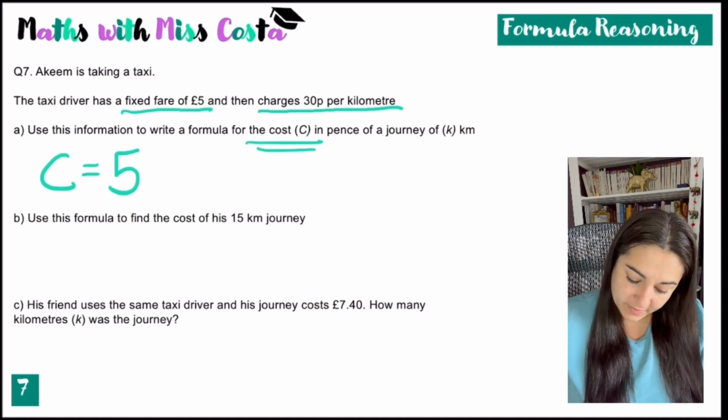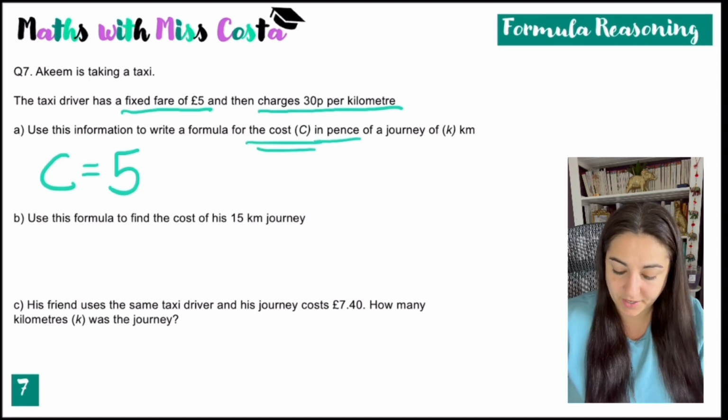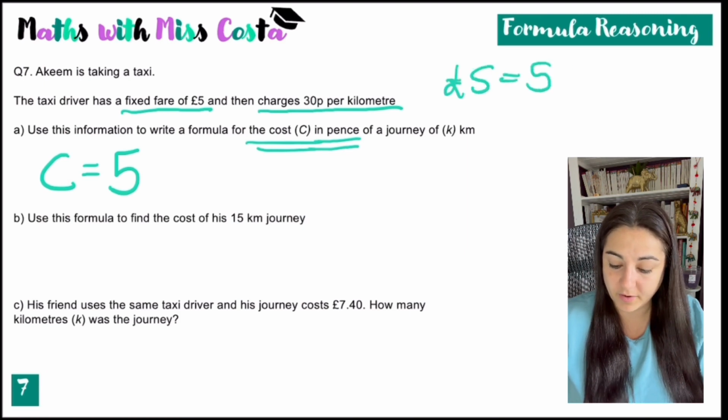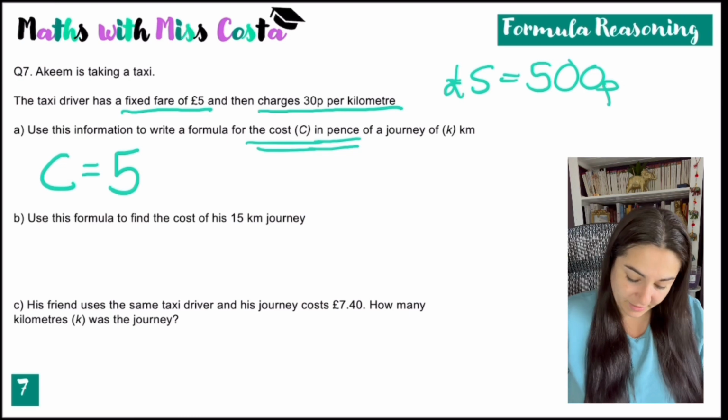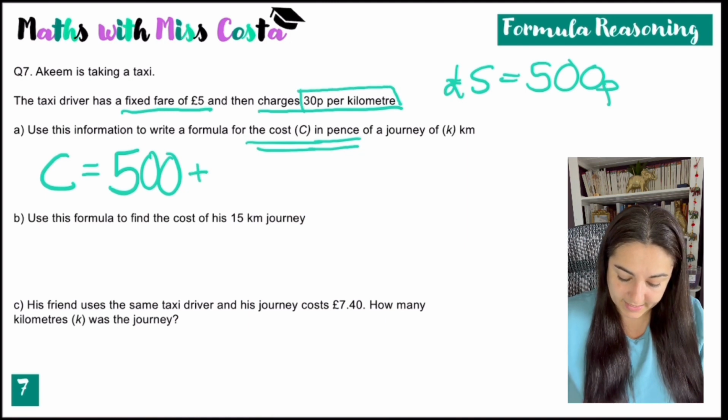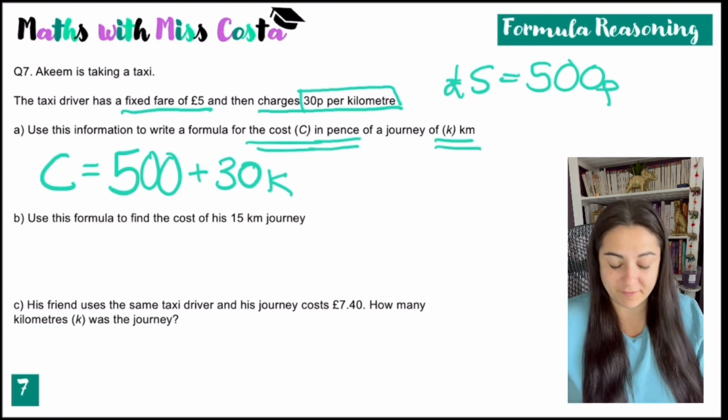Now, I've been asked to write it in pence, so I'm just going to quickly need to convert £5 into pence. I know there are 100 pence in a pound, so £5 would be 500p. And then it's 30 pence per extra kilometre, so it's 30 lots of however many kilometres you have. So that would be my formula.